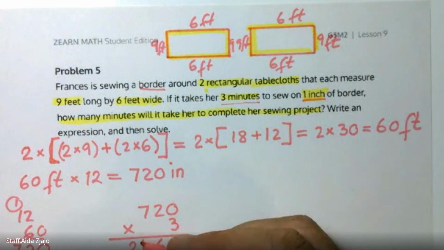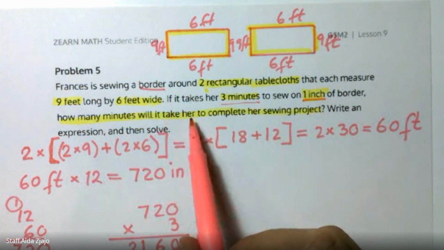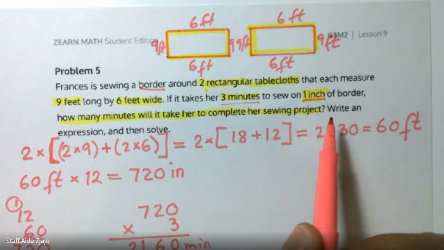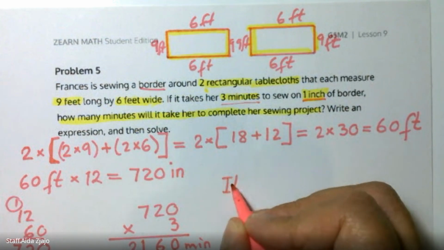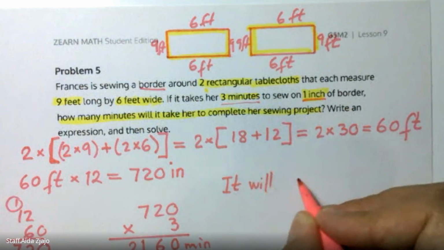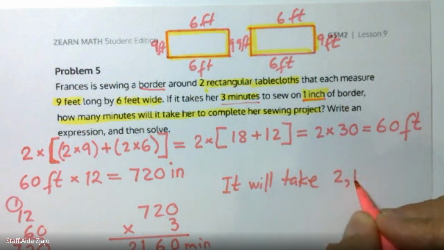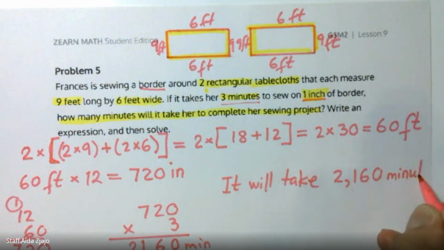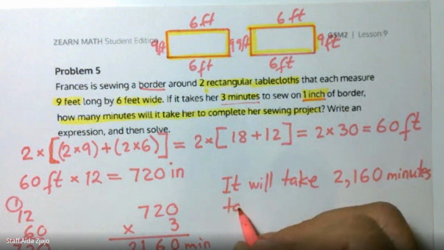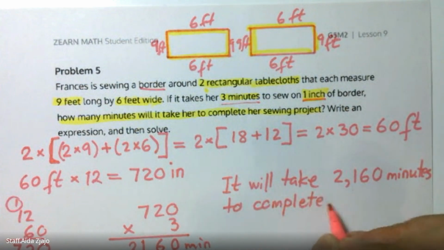Okay, so we can say how many minutes will it take her to complete her sewing project. It will take 2,160 minutes to complete her project.